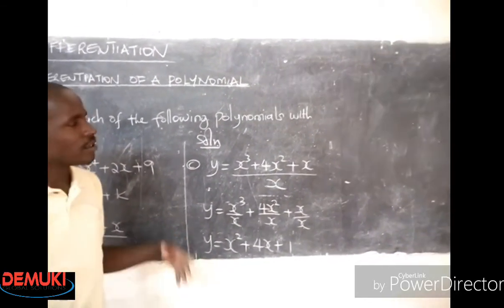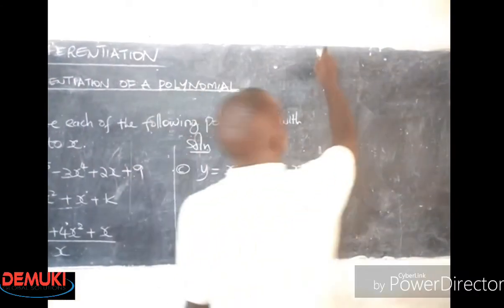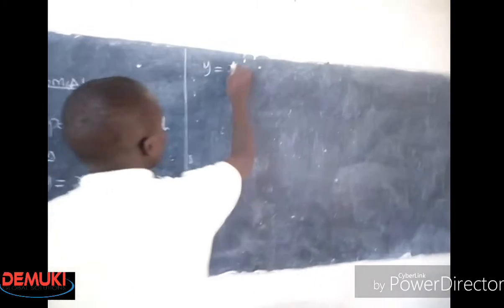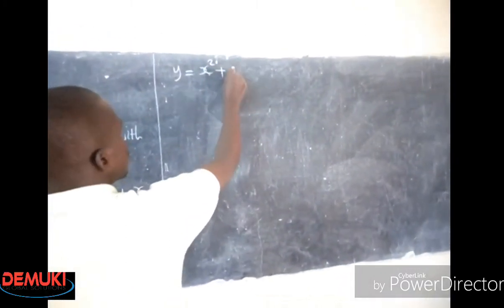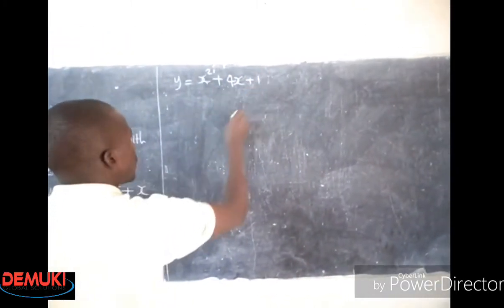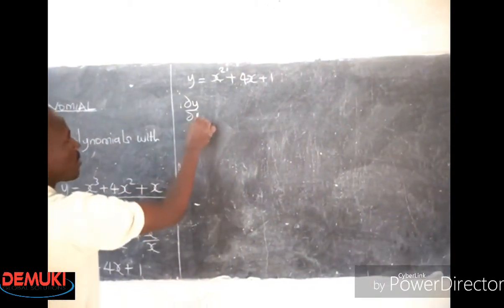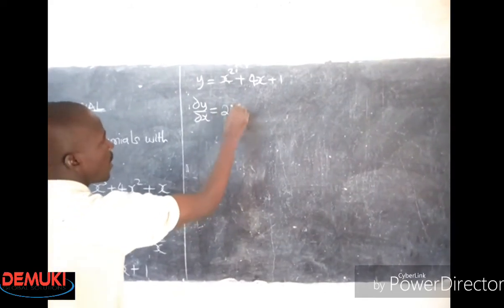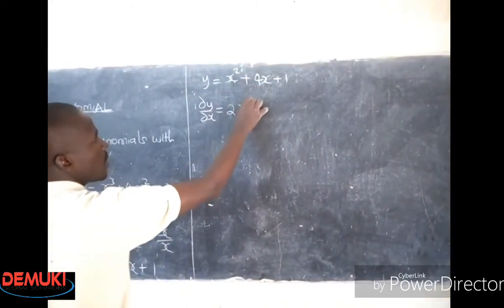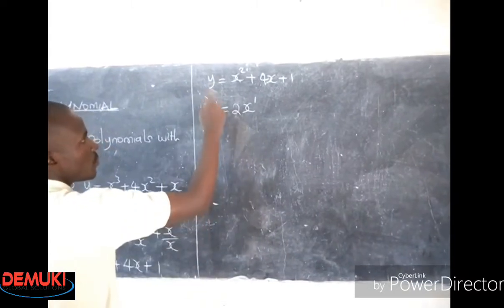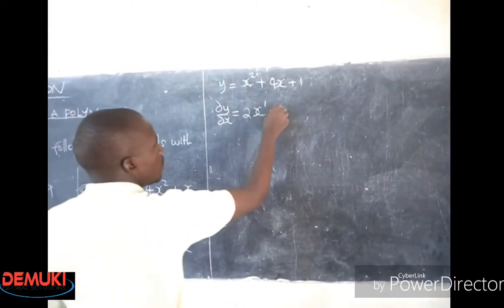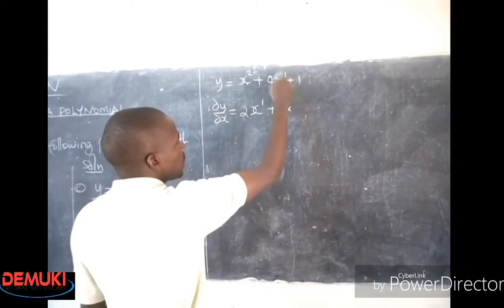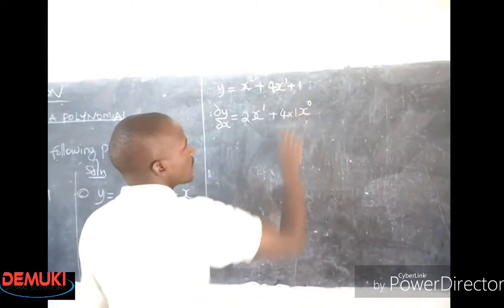Now after that, you can differentiate. So let's differentiate it. The expression is y equals x squared plus 4x plus 1. So what is our differentiation? It comes to dy/dx equals, this one 2, bring it down, 2x to the power 2 minus 1, which is 1. So 2x to the power 1 plus 4 times, this one was 1, bring 1 down, so then x to the power 0.